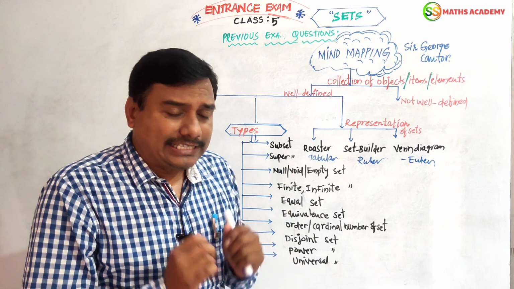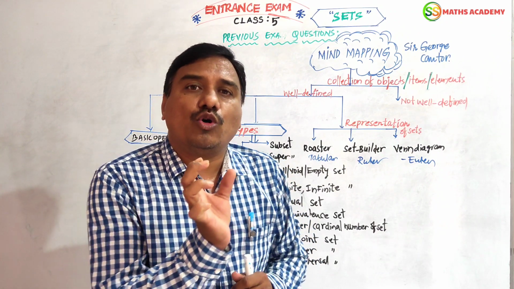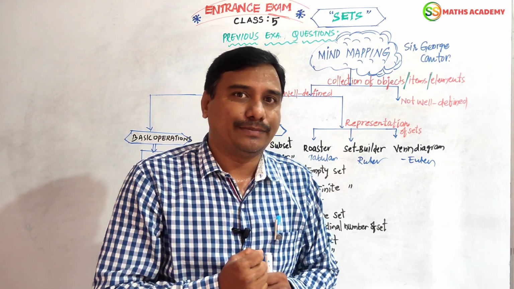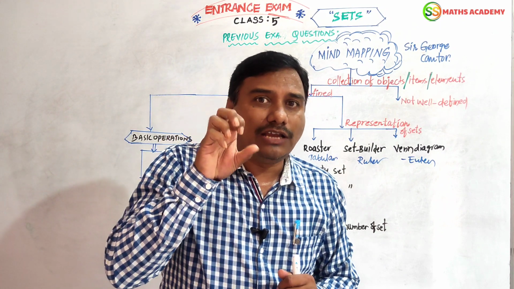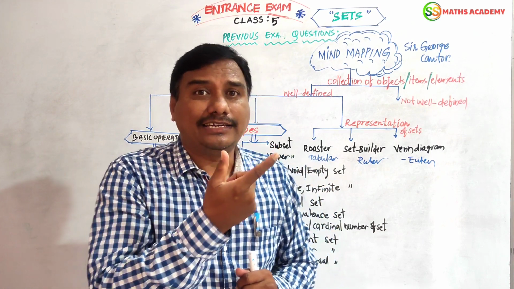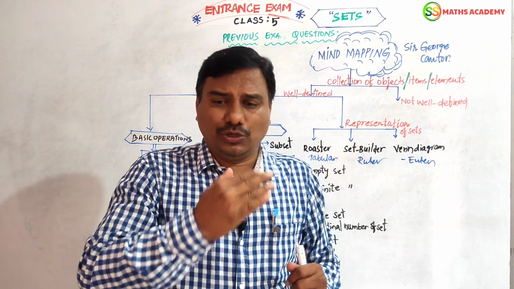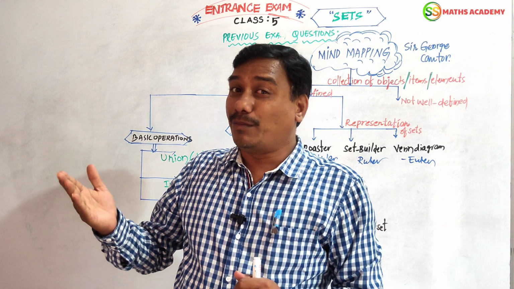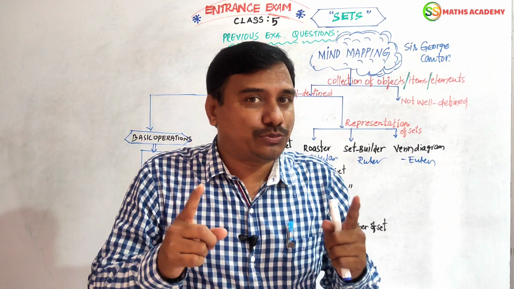For example, I want to write the vowels in a set. What are the vowels in the English alphabet? A, E, I, O, U. These 5 letters belong to vowels. We can write the vowels in any order, the order is not mandatory here, but the letters should be separated by commas and enclosed by flower brackets or braces.